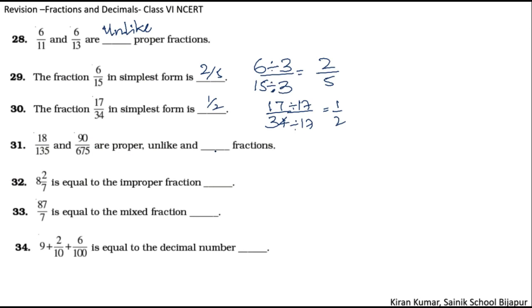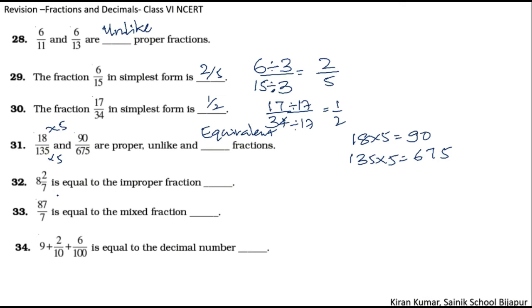They are proper, they are also unlike, but then when you multiply by 5, we get the same values. So they are equivalent fractions. It is because 18 times 5 is 90, 135 times 5 is 675.